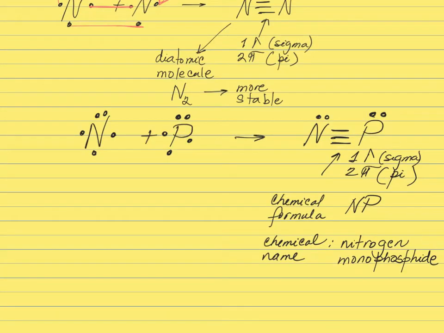Are only diatomic elements or diatomic molecules going to be formed through the bonding of 3 pairs of electrons? No. You have an example here. Nitrogen has 3 electrons available for bonding. So does phosphorus. It doesn't matter, in between parentheses, because between nitrogen and phosphorus, remember, you're going down a group.